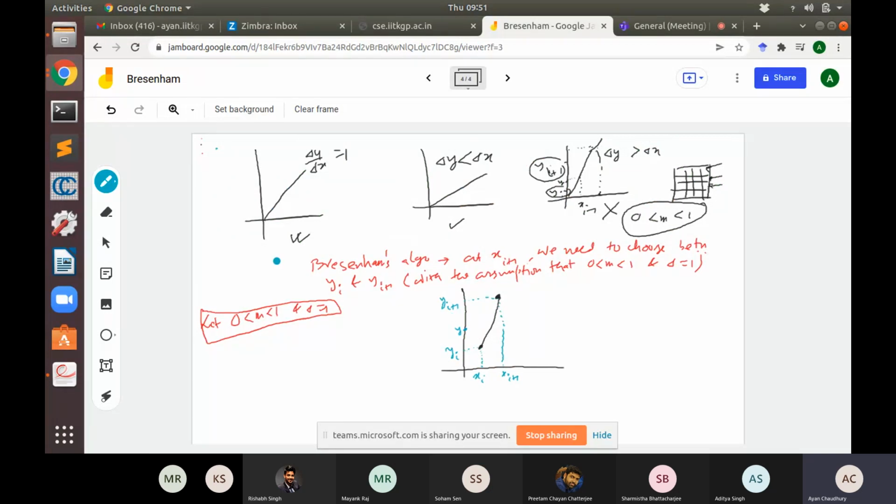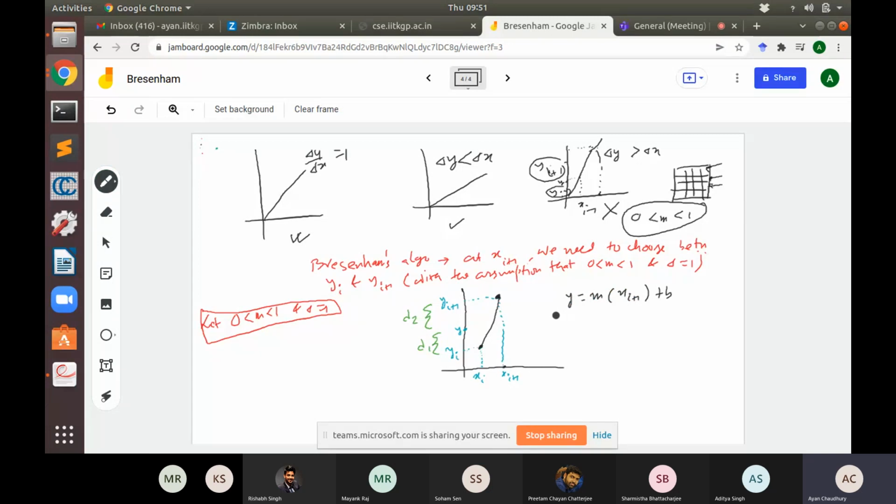Let's call the distance from y to yi as d1, and let's call the other one d2. So y is equal to m times xi plus 1 plus b, the same equation, and we are doing it for the xi plus 1th point.